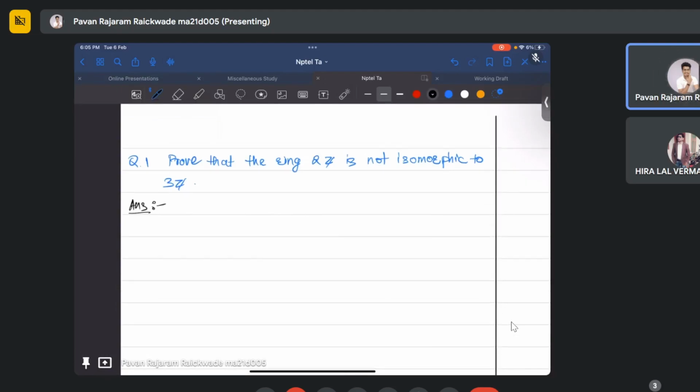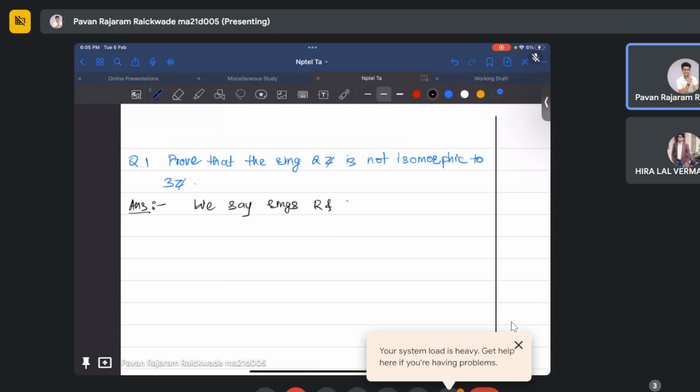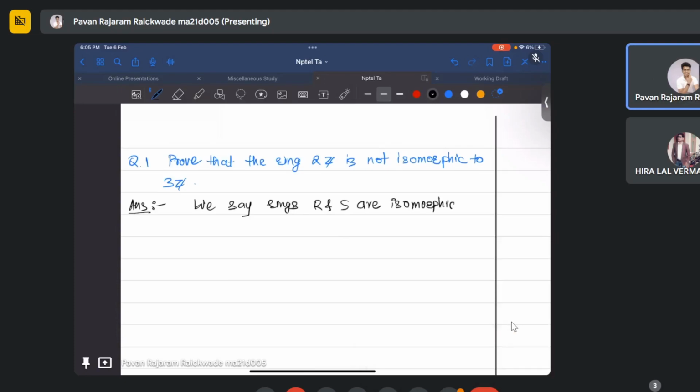So when do we say two rings are isomorphic? When there exists a bijective homomorphism between them. So we say rings R and S are isomorphic if there exists a mapping phi from R to S such that phi is a bijective homomorphism.